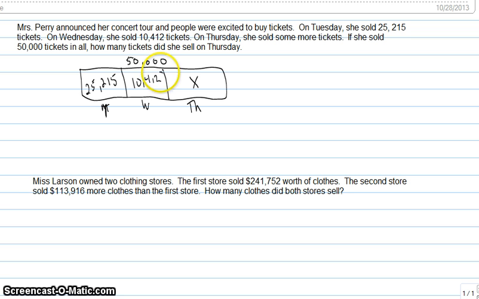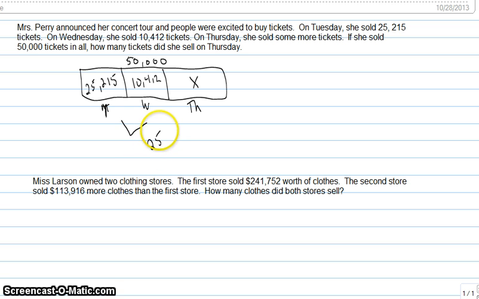Well, I know that all of these would equal 50,000. So I think if I would take away these two parts, it should tell me what would be left over. The shortcut to taking those parts away would be to add them first for step one and then subtract them from the total.